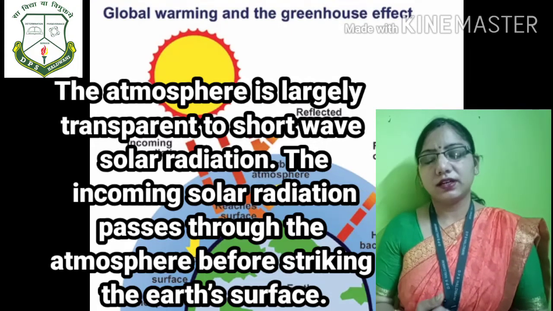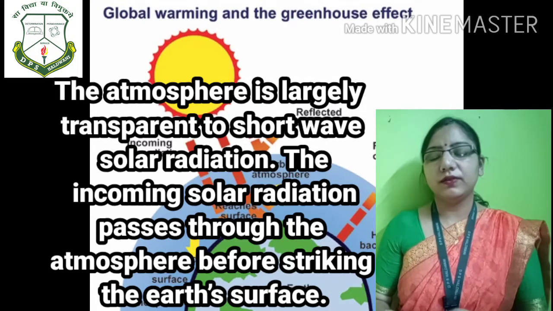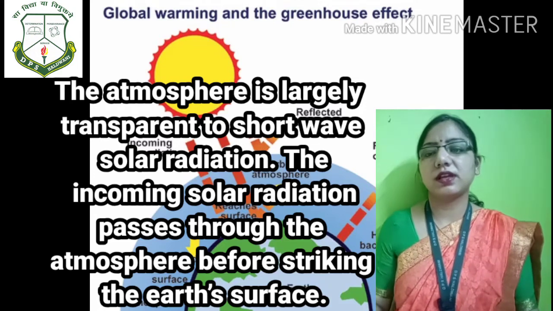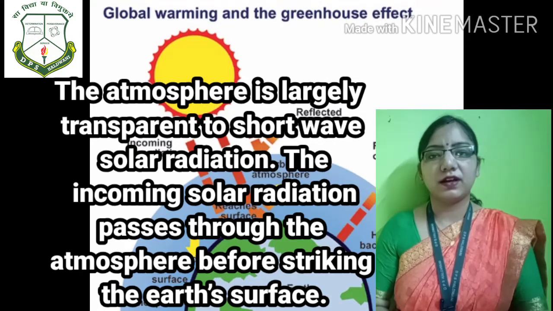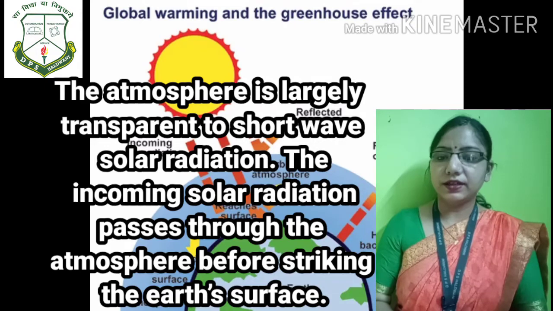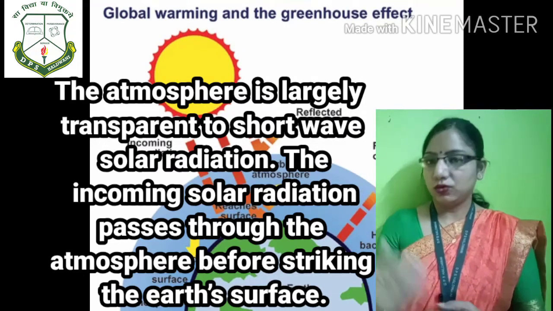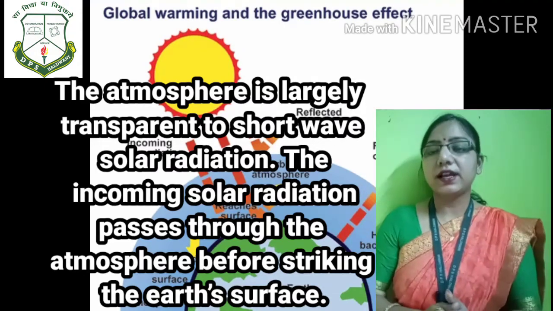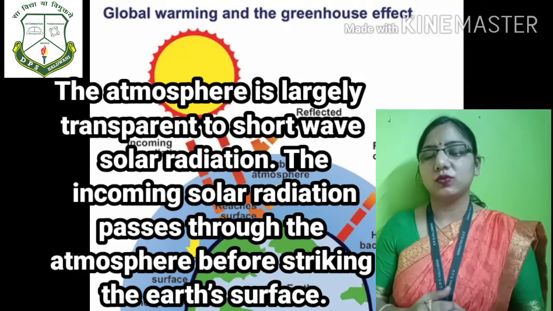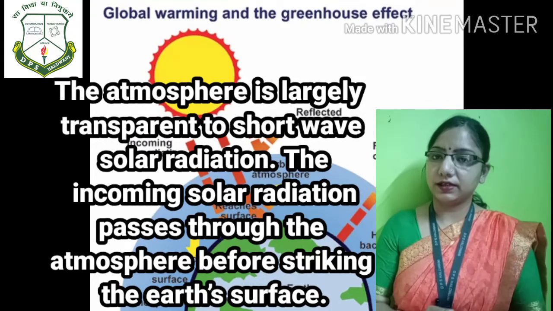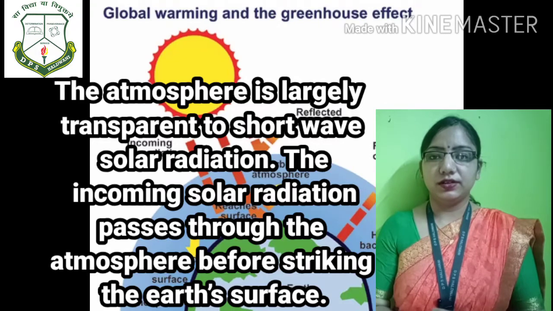So what are the climatic zones, and what is the entire process that creates the atmosphere, climate and weather of earth? To know about this entire process, let's go to our next topic, that is solar radiation.